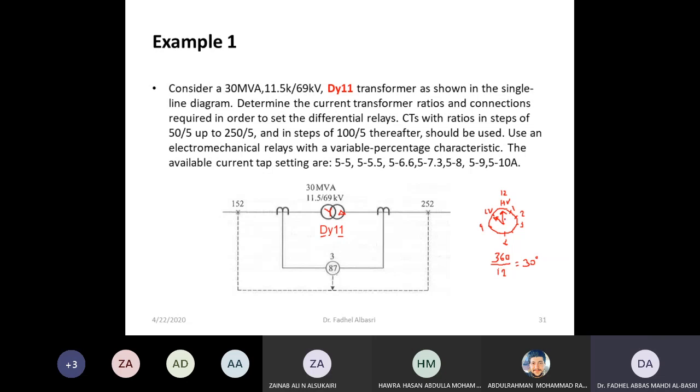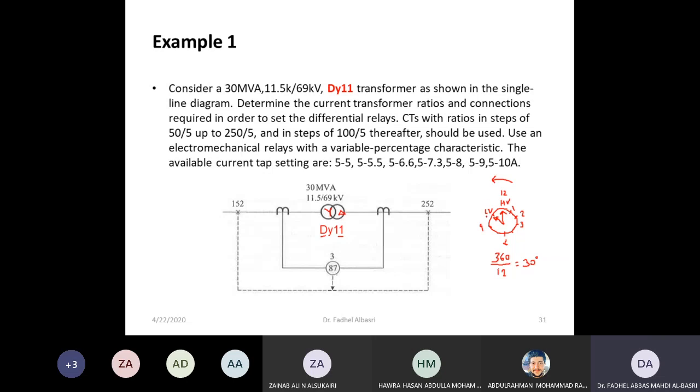So we can say at 1 is 30 degrees, at 2 means there is a 60 degree phase shift between HV and LV, at 3 means there is a 90 degree phase shift, and so forth. Now to say leading or lagging, the vector rotation is this way.